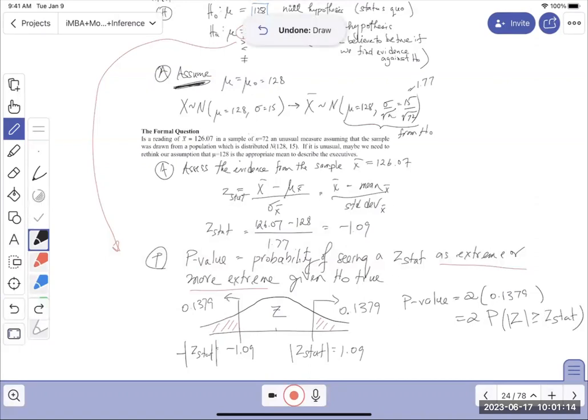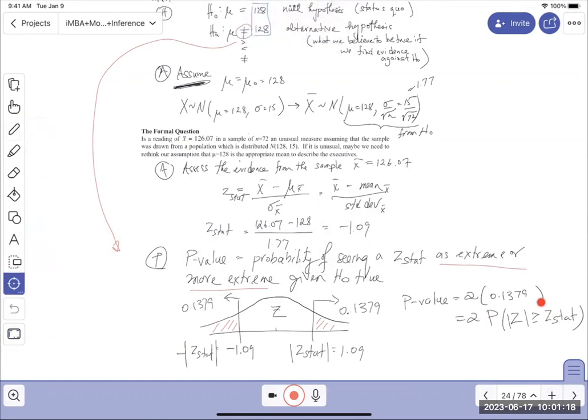Yeah, I think it's what I wrote. Anyway, you don't have to write this out, just basically 2 times that. And that is going to give you the p-value.